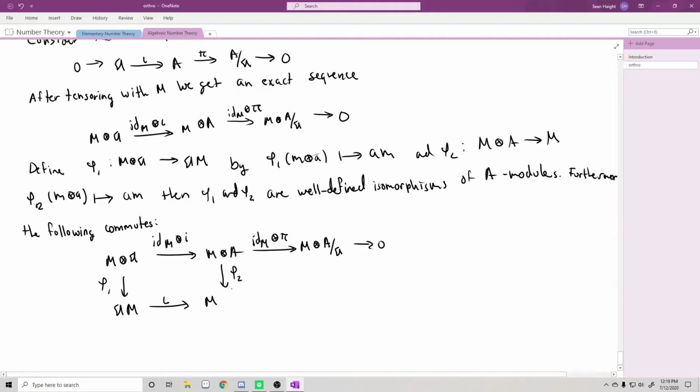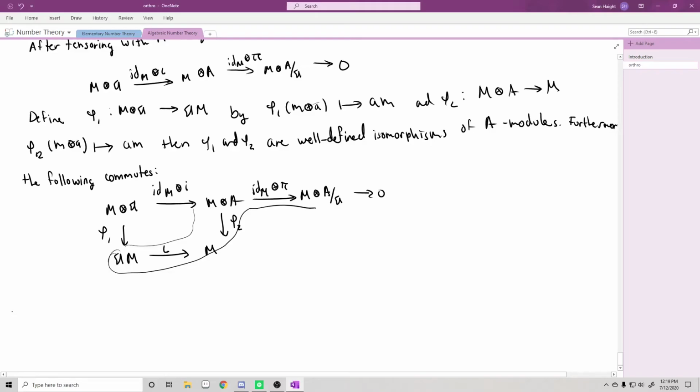Okay. And then essentially what you can do is, using this commutative diagram, I can trace through, starting from here and going up. You can check that that is an exact sequence, and that that exact sequence induces an isomorphism from m mod this guy, Am, to m tensor the quotient.